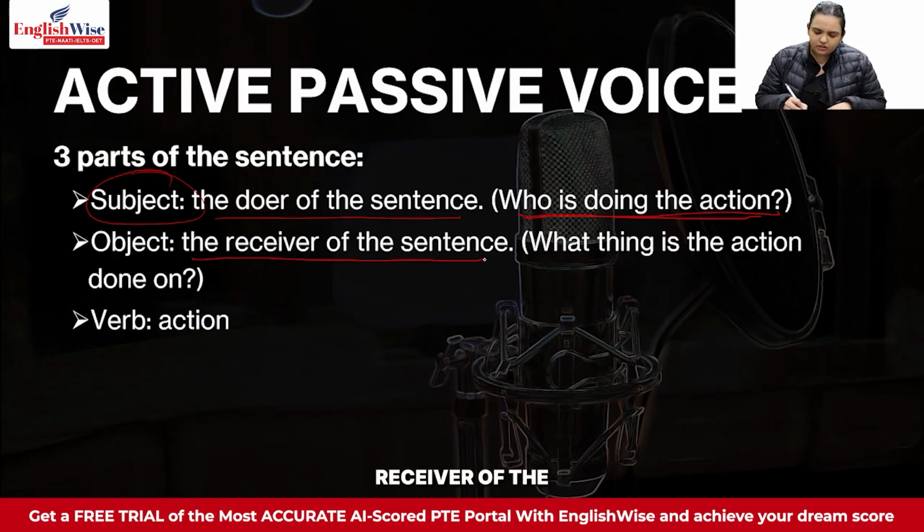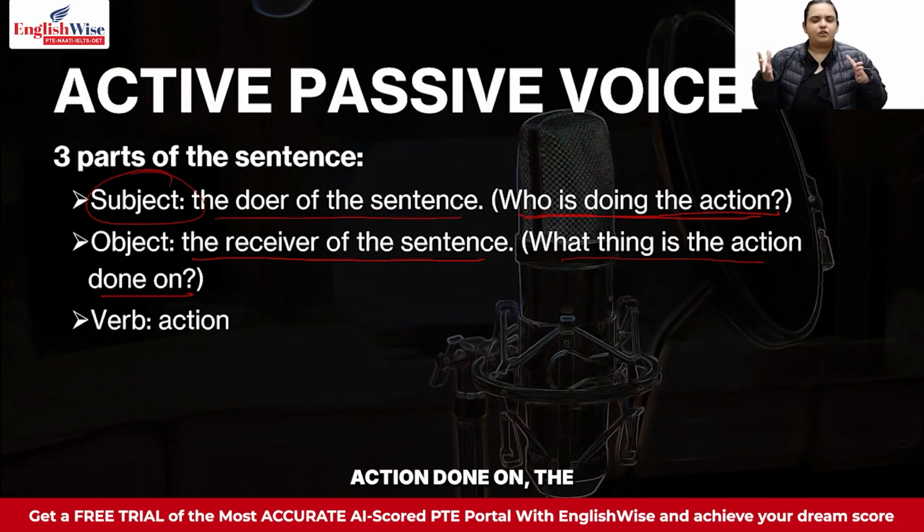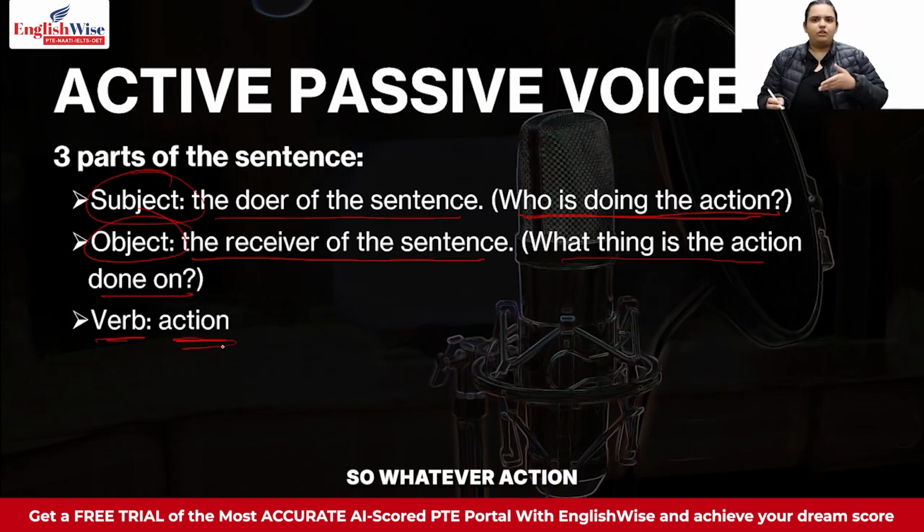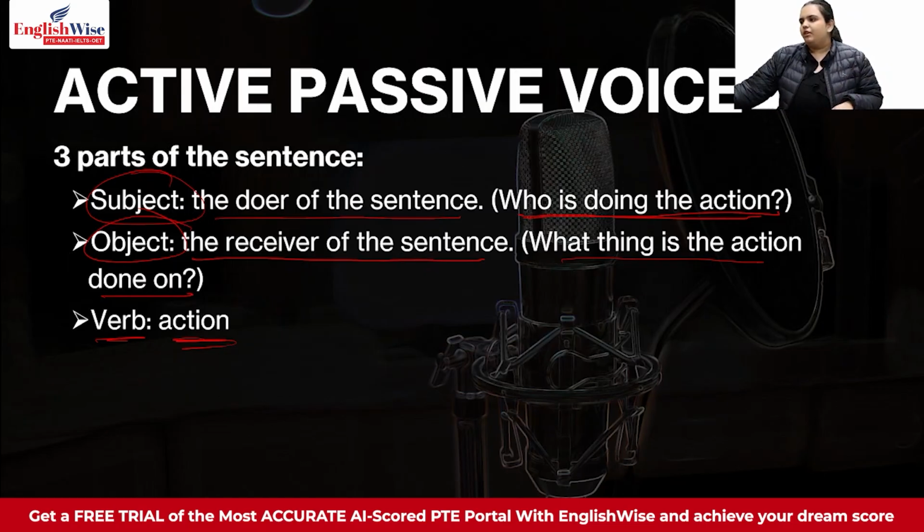Object is the receiver of the sentence, okay? So what thing is the action done on? Whenever you ask this question on the sentence, the answer is the object of the sentence. And lastly, verb is the action itself, okay? So whatever action is going on, that is the verb of the sentence.